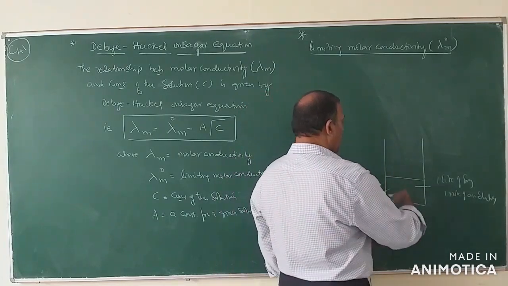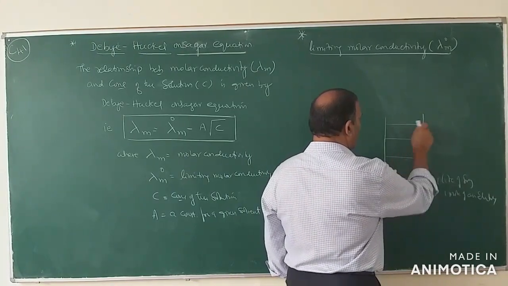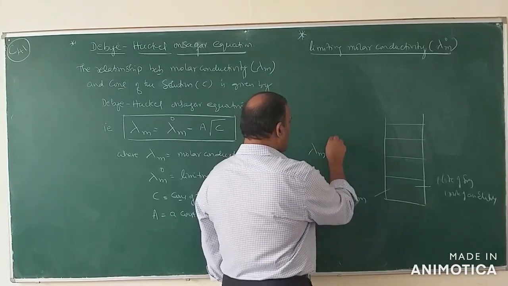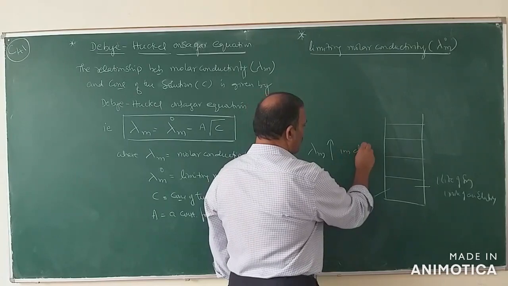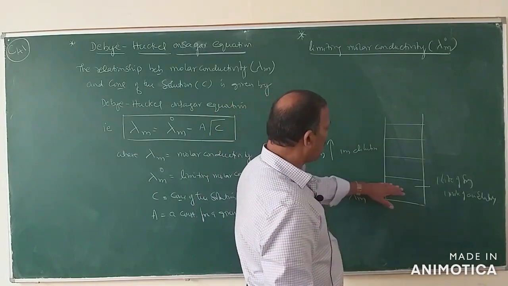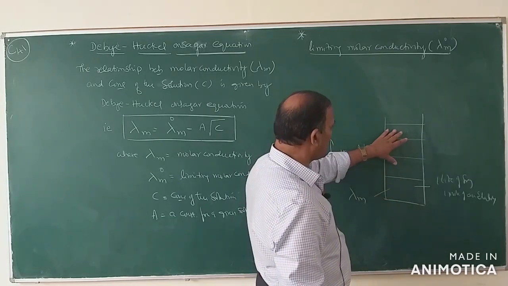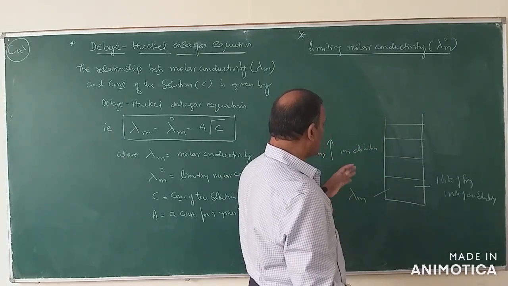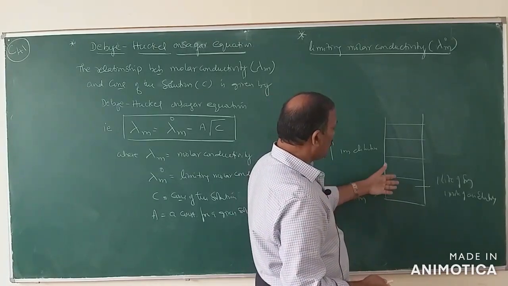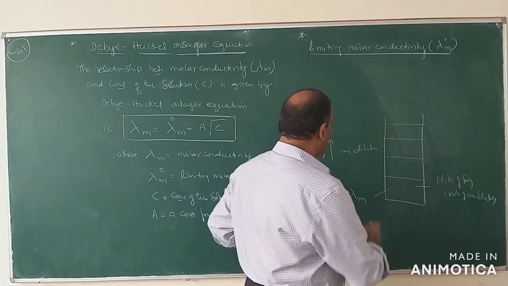So if you go on increasing the volume of the solution by diluting the solution, what happens? Lambda m increases with dilution. We have heard this one. If you go on increasing the volume, molar conductivity also goes on increasing. At one point the dilution becomes unlimited. If you go on adding the solvent, the concentration of the solution decreases.